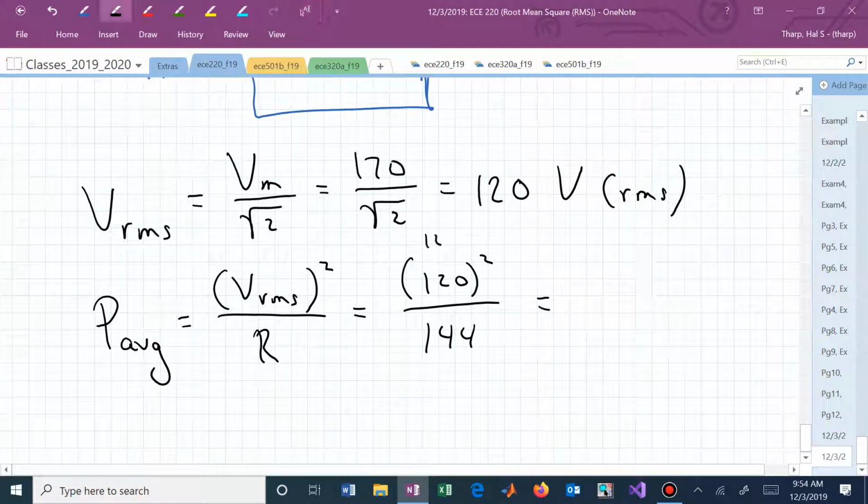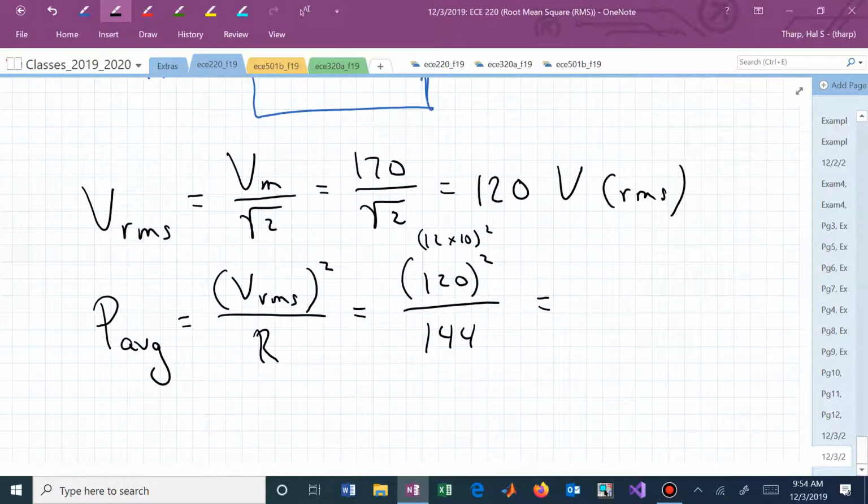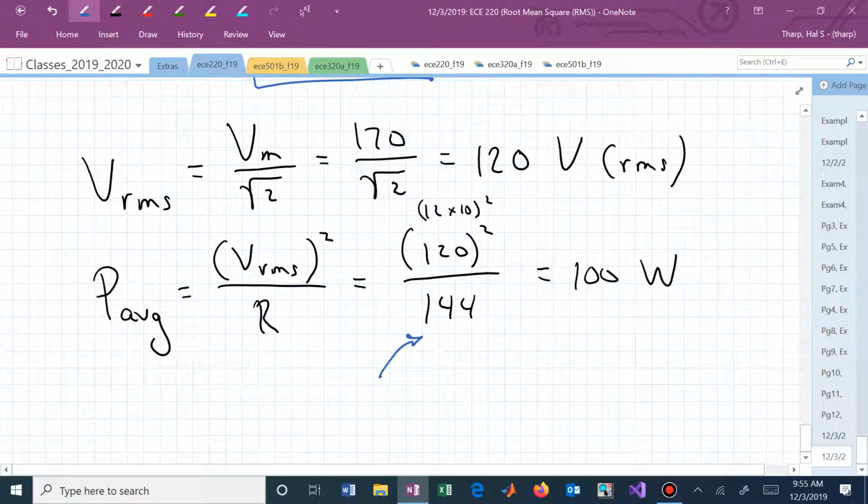If you now look at what we have here, we now have 12 squared times 10 squared upstairs. We have 12 squared downstairs. The average power of that resistor of 144 ohms was in fact 100 watts. So this is the effective resistance of a 100 watt light bulb.